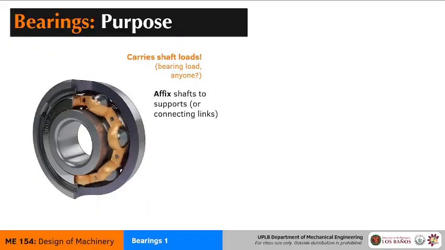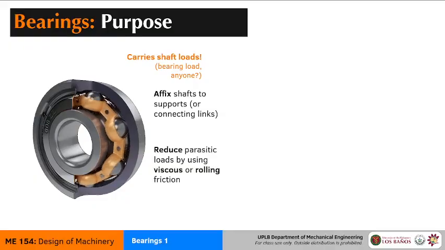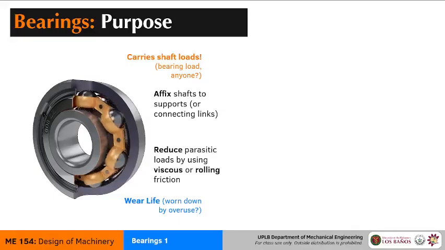The purpose of bearings is to reduce the amount of friction experienced by the part so that your system will live a little longer. You can either do this by putting rolling elements, such as what you see in this animation, or you can put in a viscous liquid like lubricant or oil, and that will help you reduce the wear and tear on your shafts, on your components, and thus let it live a little longer.